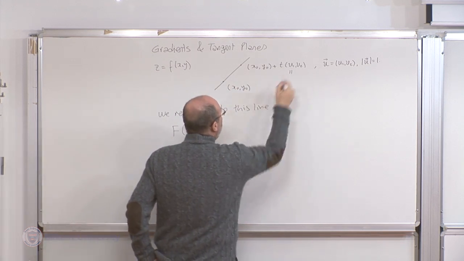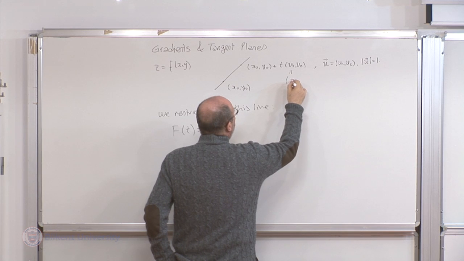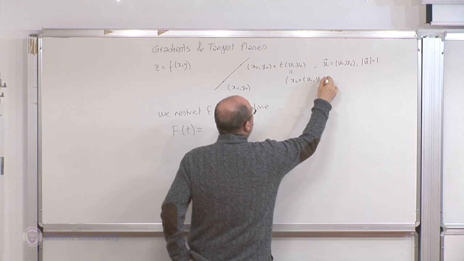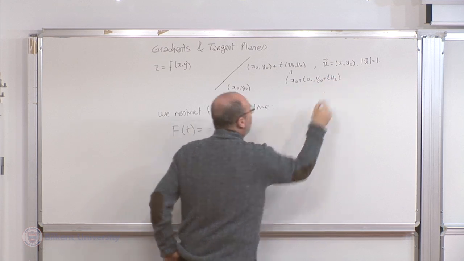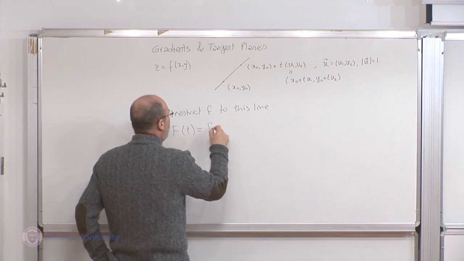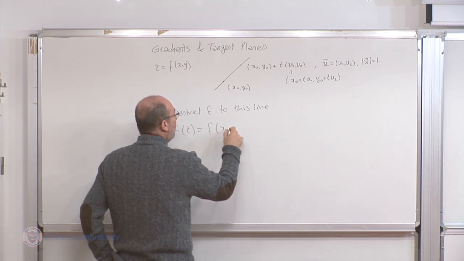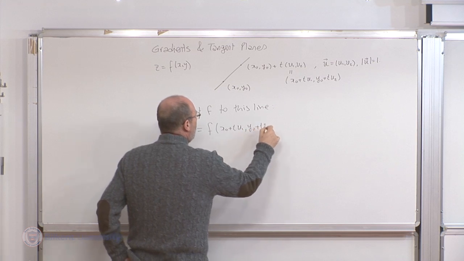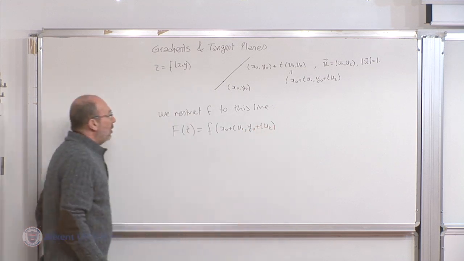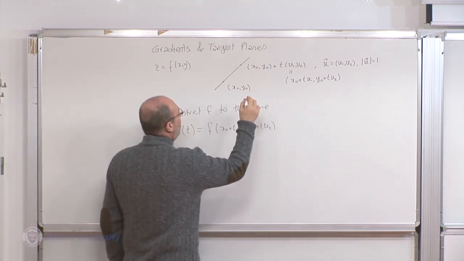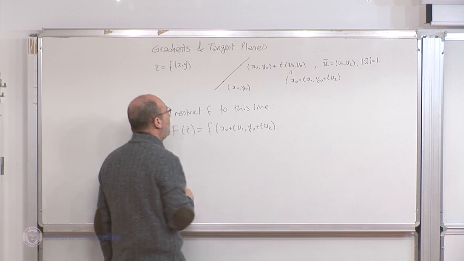So let us write this in one form. We evaluate f at that point. So we write this. Once we have this, let's say that u is pointing upward.